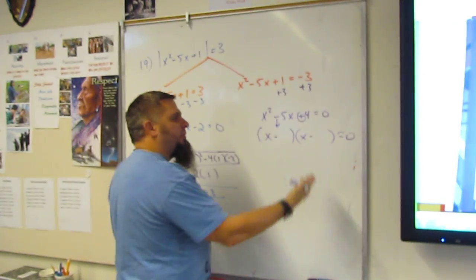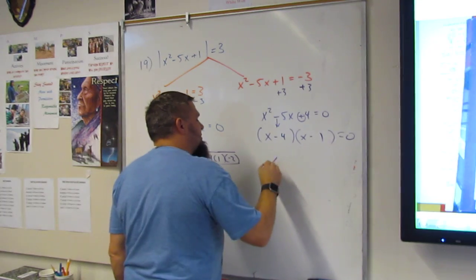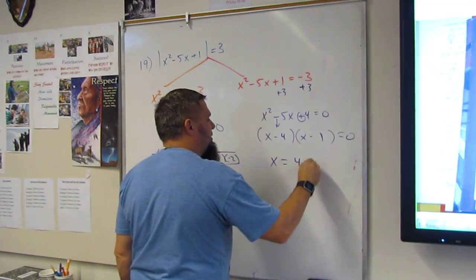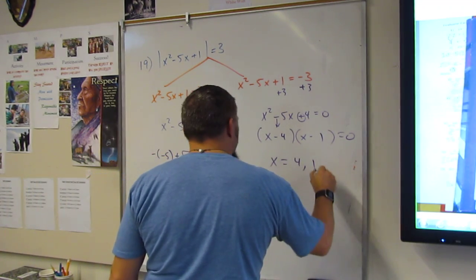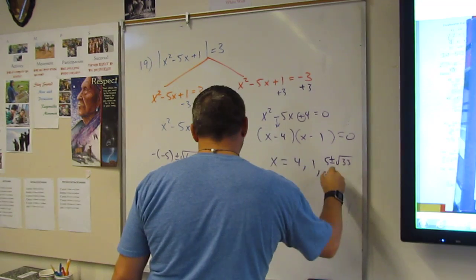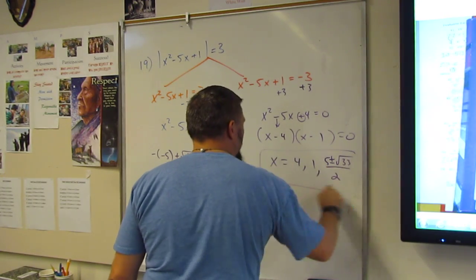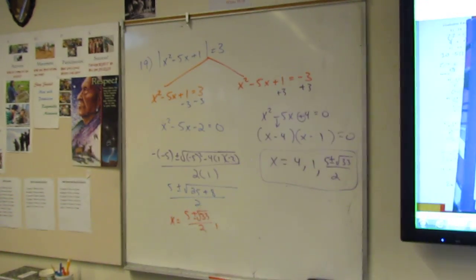The product is 4. The sum is 5. 4 and 1. That means x is equal to 4 and 1. So it's also equal to 5 plus or minus the square root of 33 over 2. And that's the answer. Not bad?